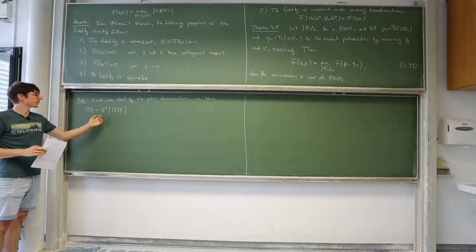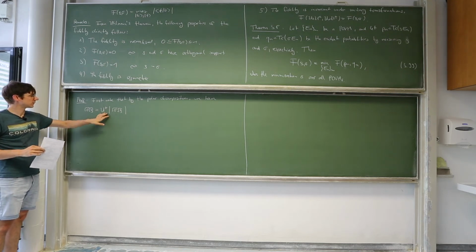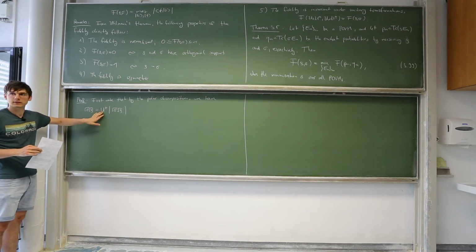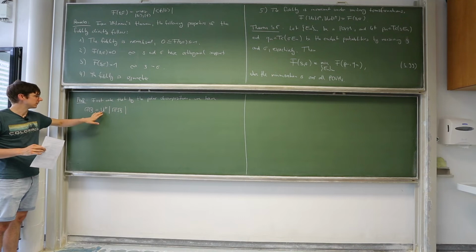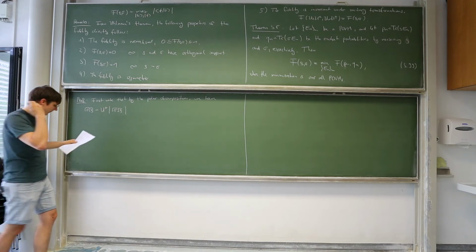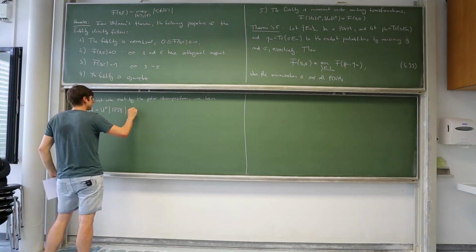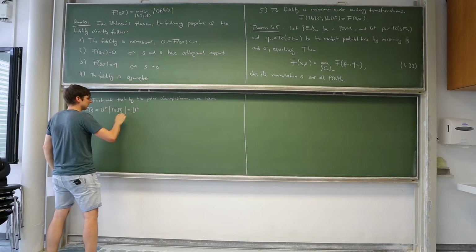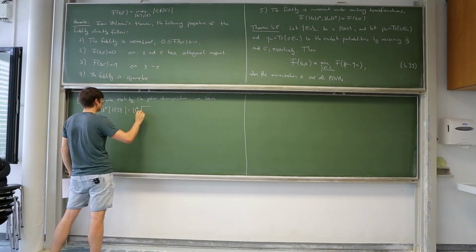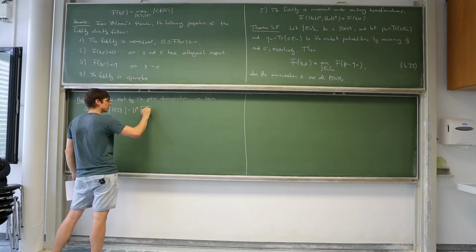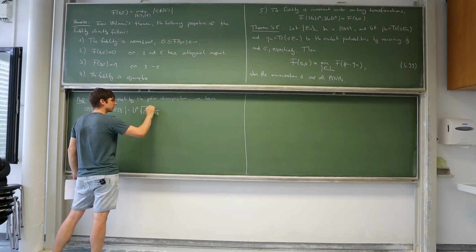This was the polar decomposition. I now wrote this unitary as U dagger, so I can specify this unitary however I like, and for simplicity, I state this as U dagger. And we've seen that the modulus on the right-hand side is nothing else but the square root of sqrt(rho) sigma sqrt(rho).